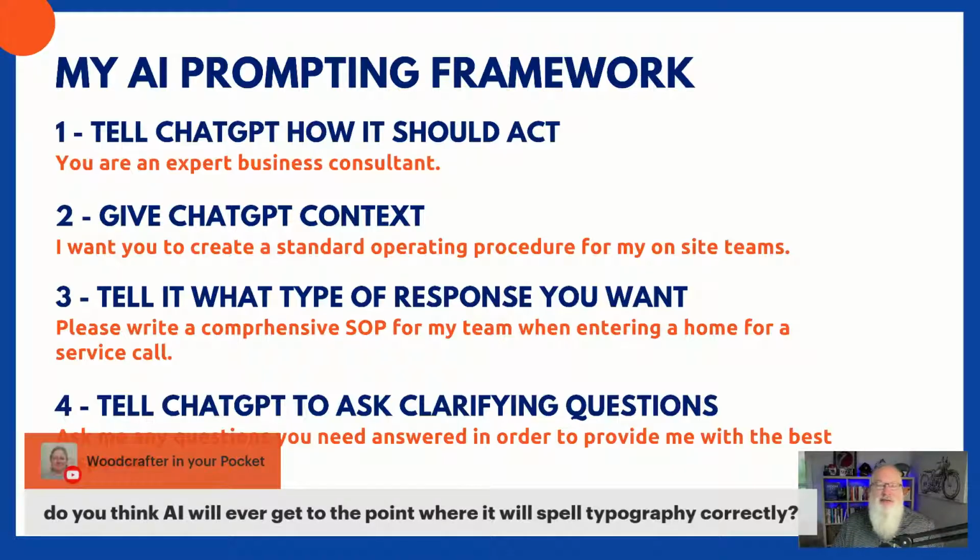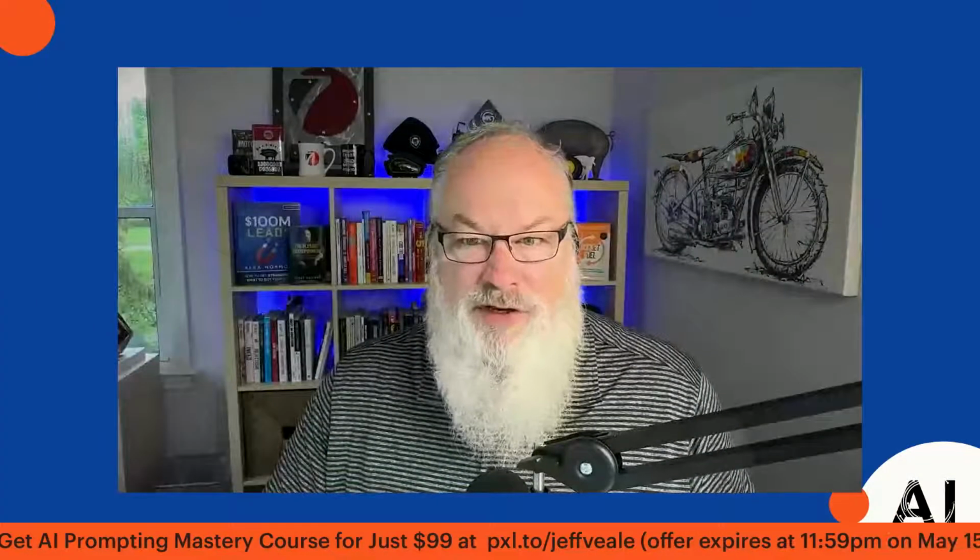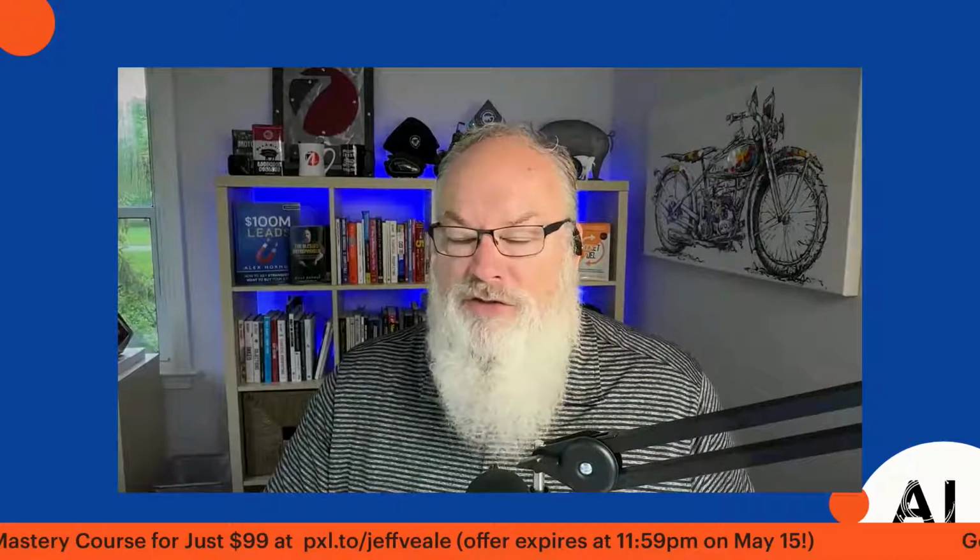No big deal. To AI, that's a series of individual pixels and dots it's putting together, and it's looking at that as a shape and not as a letter. So I do think we're a ways away from that, but I do think we will get there. And when we do, obviously, that will be productive for everybody across the board. So yes, I do think we're going to get there. Don likes that. Good idea.